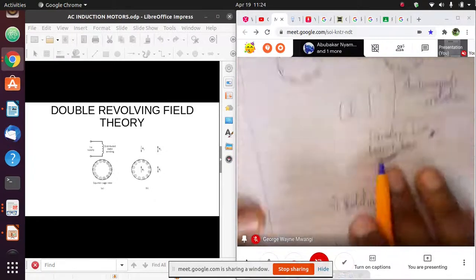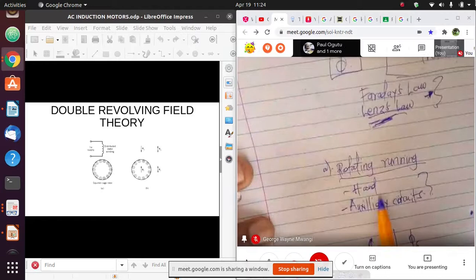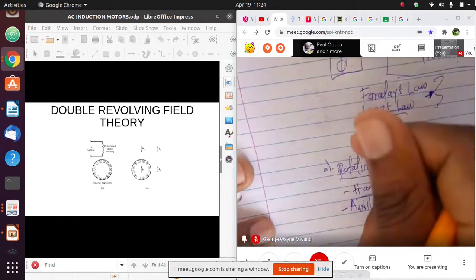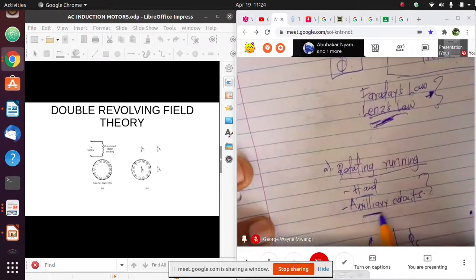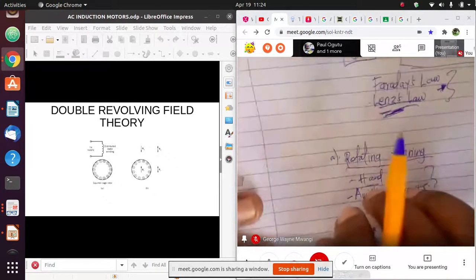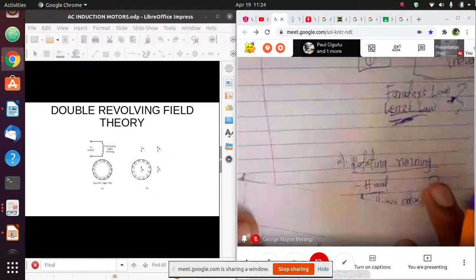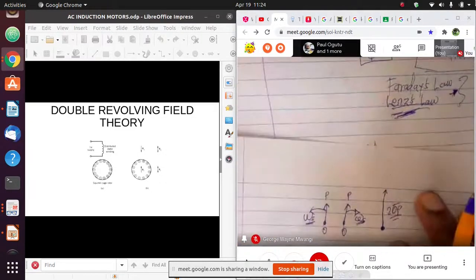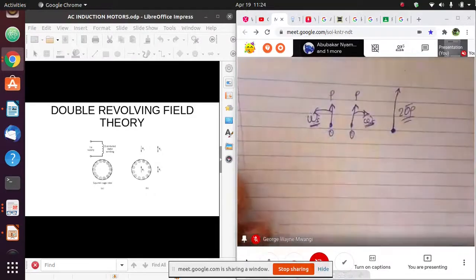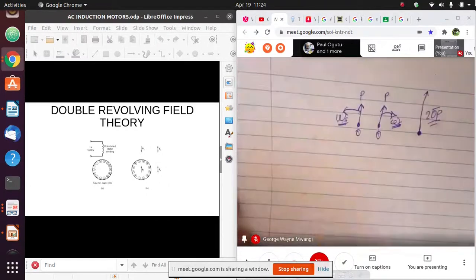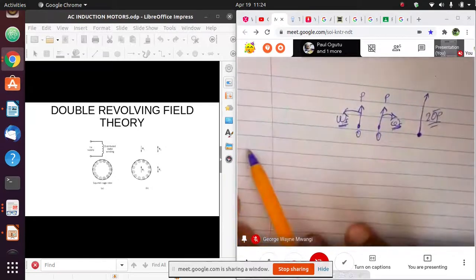Now we are looking at the rotor while it is rotating, and this can be done by hand. You can take the shaft of the rotor and twist it. Once you twist it, it will rotate. Or you can have auxiliary circuits which will aid in the rotation. Now what I'm trying to explain in this case is how this rotor will start, or how it will develop that torque that will enable it to rotate.